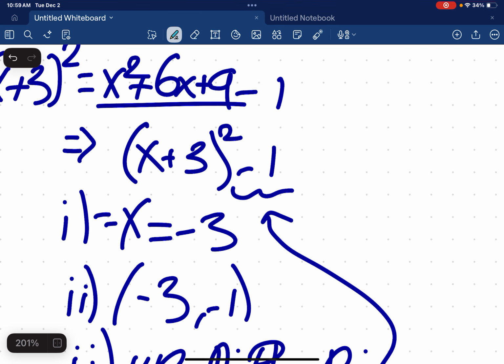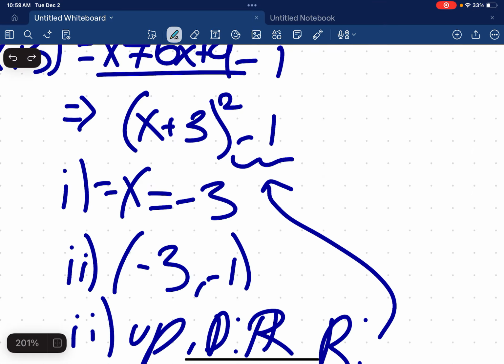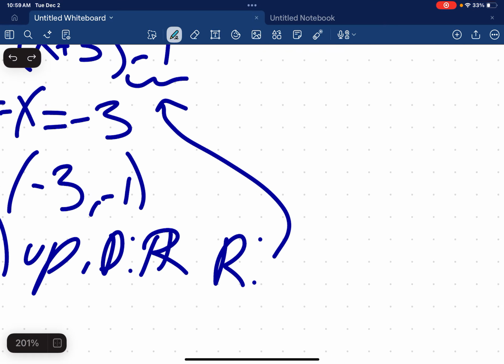For any usual quadratic, your domain is basically just all real numbers, and whatever we plug in for x, even if it's negative, it's going to turn out positive. But since we have a negative 1 on the outside, that means our lowest number that we can go to is going to be negative 1.